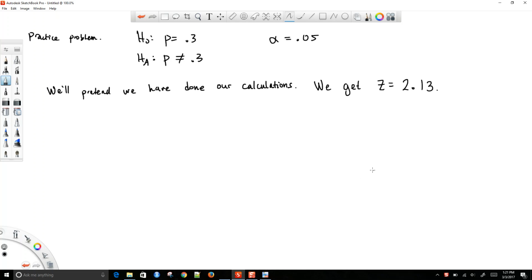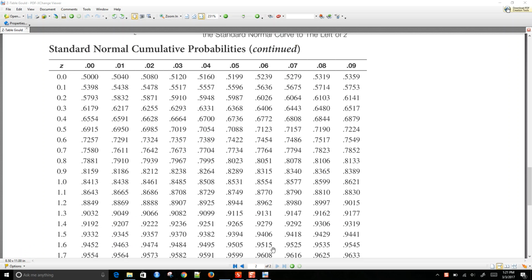The question is, what is the corresponding p-value? We'll say we've got some answer choices. Let me see.